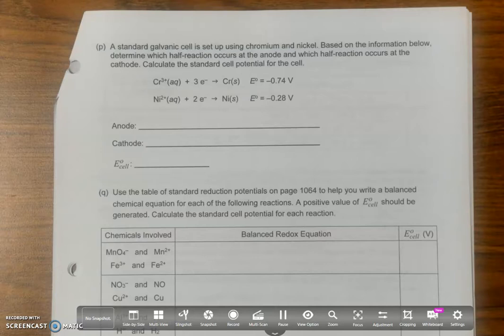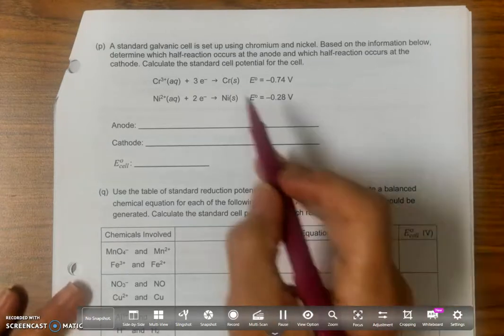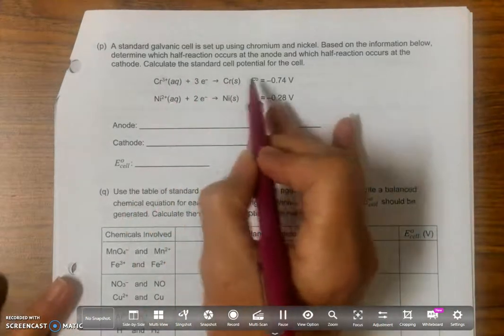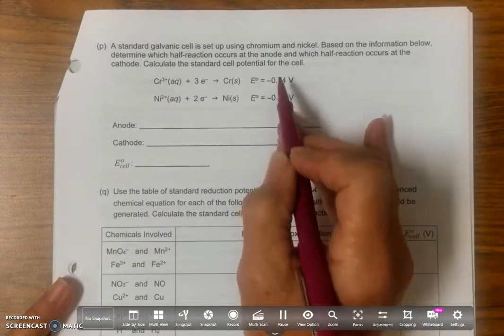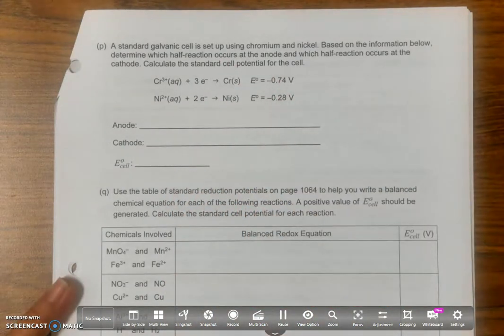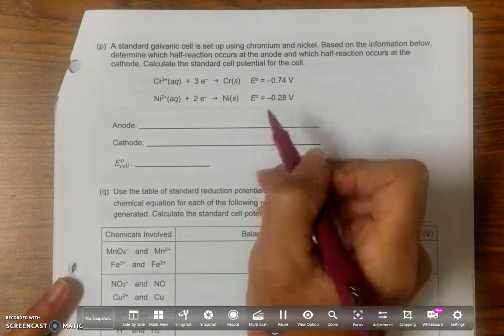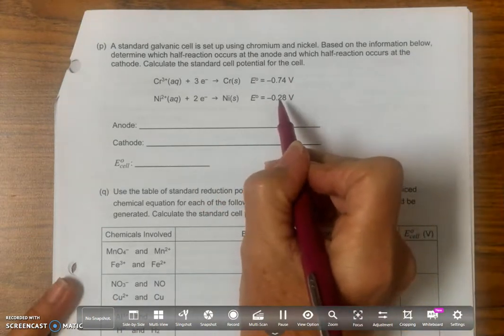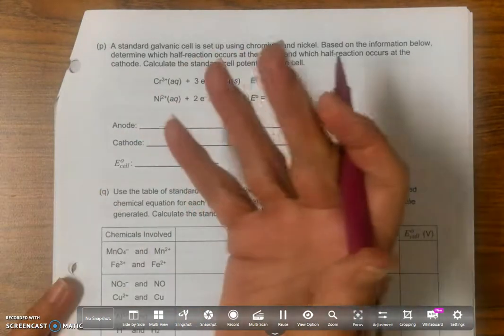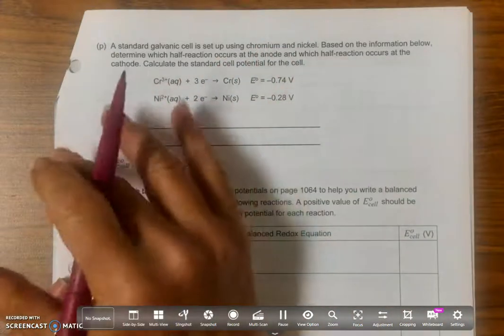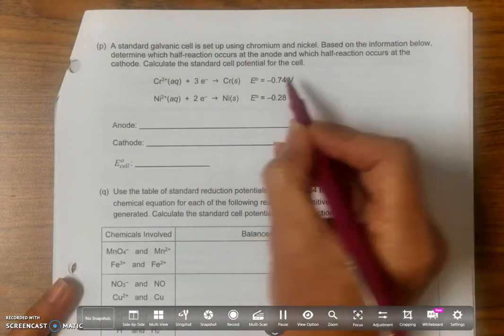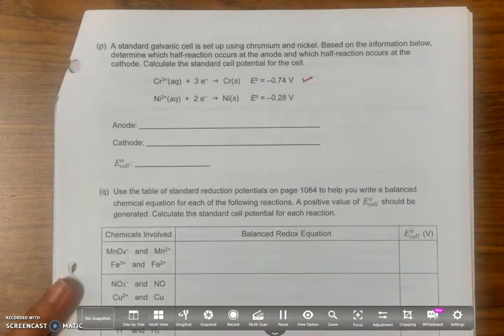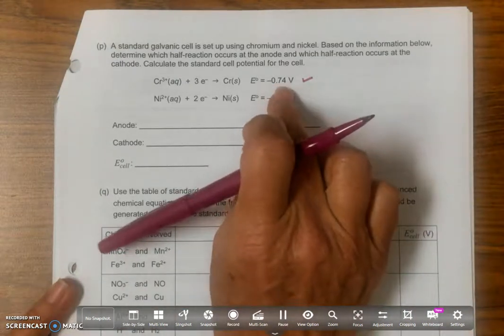Now, remember that in order for this reaction to occur, E cell must be positive, which means I can't flip this one, because remember, they're both reduction. One has to be flipped so it can be oxidation reduction. I can't flip this one because that will still be negative.